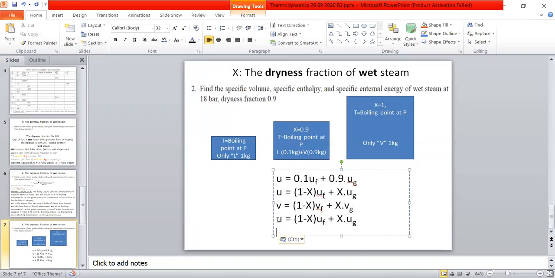When it comes to enthalpy, it's the same, H, HF, Hg. When it comes to entropy, S, SF, Sg. This is quite easy.